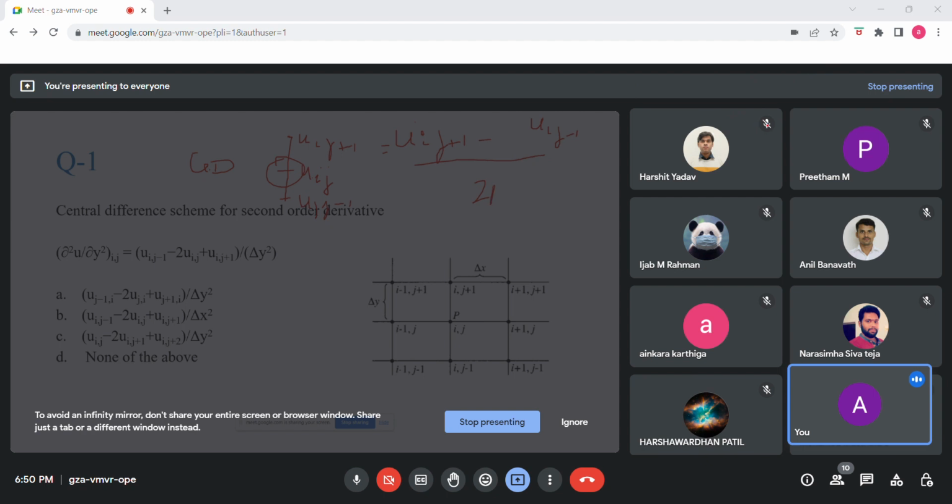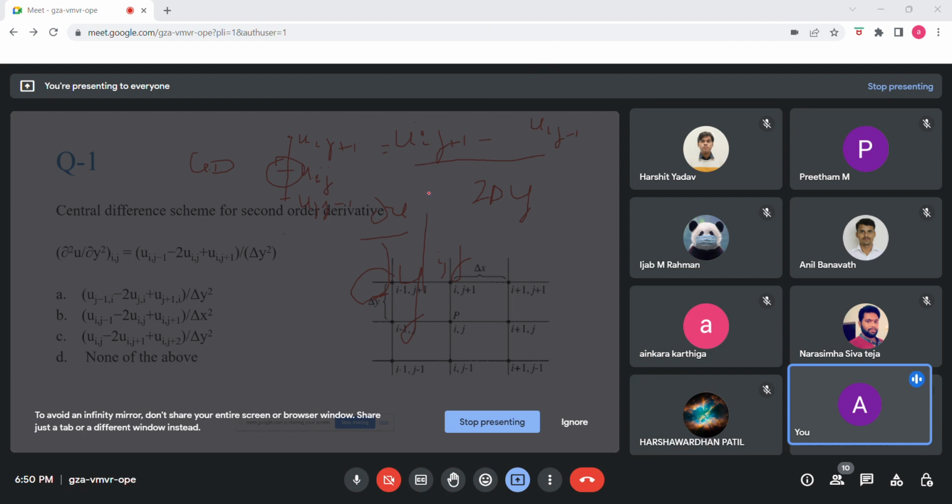This is for the first derivative, where it is dou u by dou y at i comma j by central difference scheme. If we want to know the first order derivative at this point, we use u i j plus 1 minus u i j minus 1 by 2 delta y. This is for first order derivative.